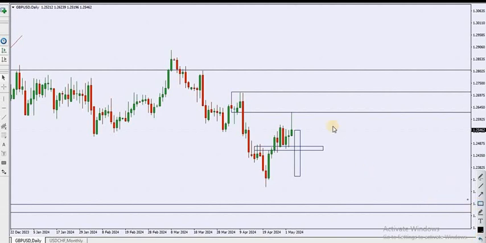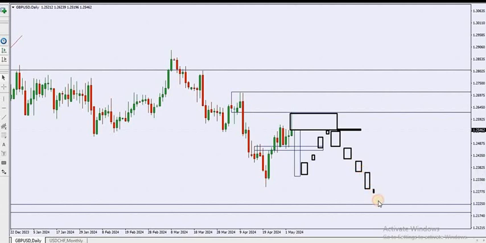So now when the market forms this thing down, the new liquidity pool is this place. So the market will now go up to tap into that. When it taps into that, this is our entry. We enter, and our expectation is this place. You understand?